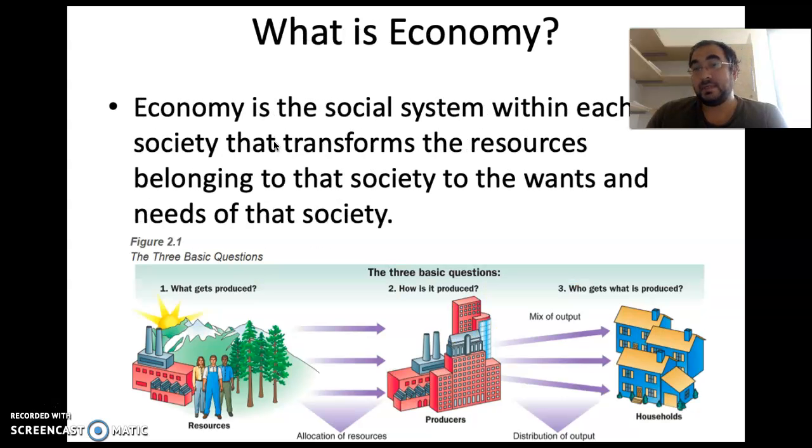The actual definition is usually something like: economy is the social study of how uncoordinated choices of individuals are resulting in the most efficient allocation of the resources to meet wants and needs of the society. So again, uncoordinated choices of individuals, agents.